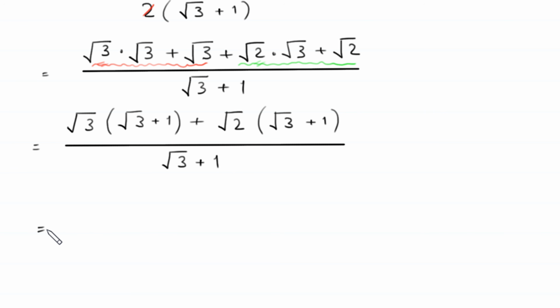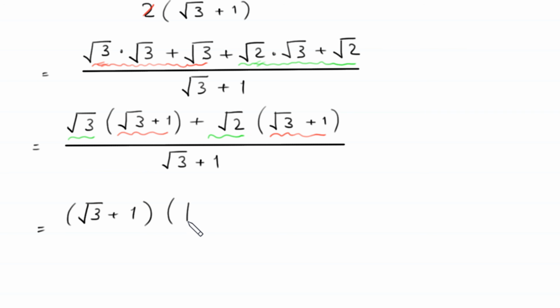Next, now in the numerator, this square root of 3 plus 1 is a common factor. So we factor out this square root of 3 plus 1, and in the bracket we are left with this square root of 3 and this square root of 2.